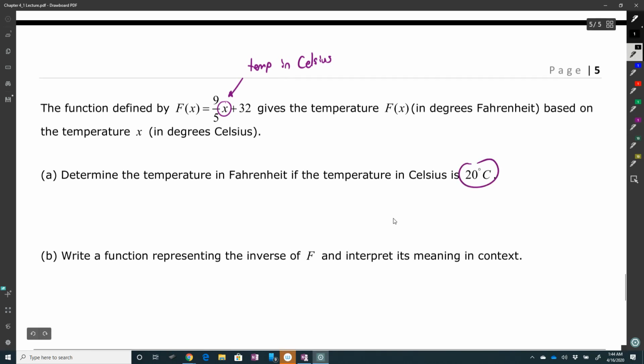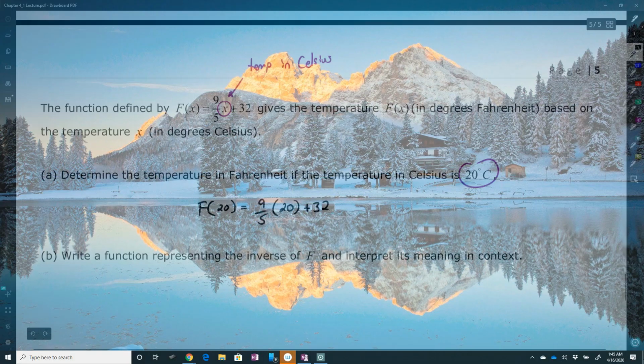Well, that's easy. That's just plugging it in. That's just f of 20. And so you get 9/5 times 20 plus 32. And you know what? Let's go ahead and get the calculator out.